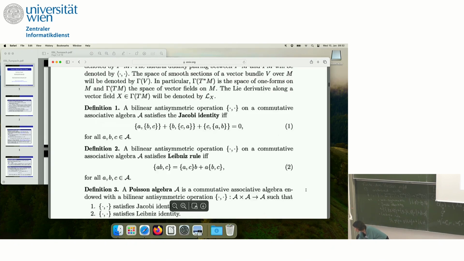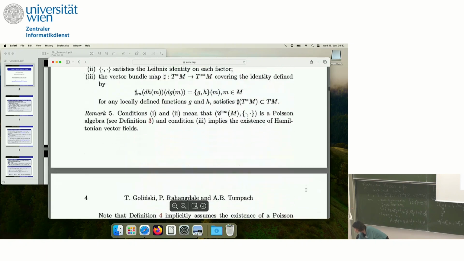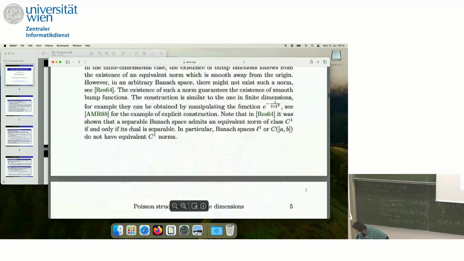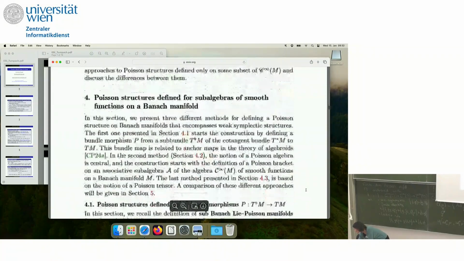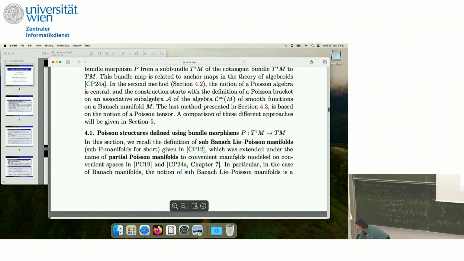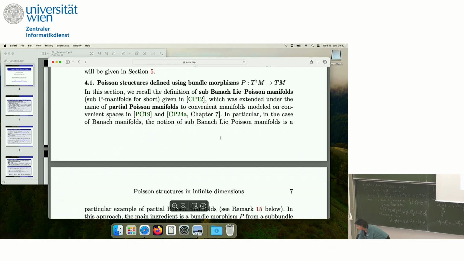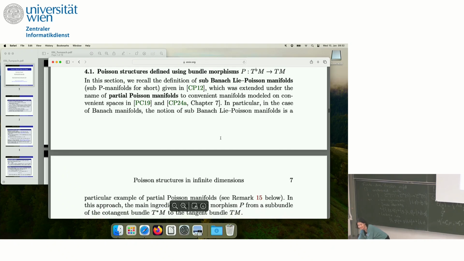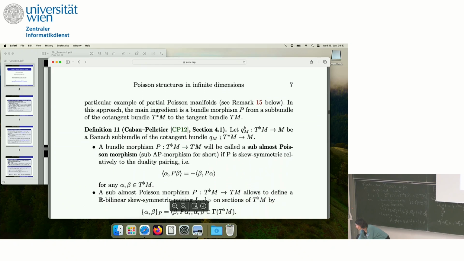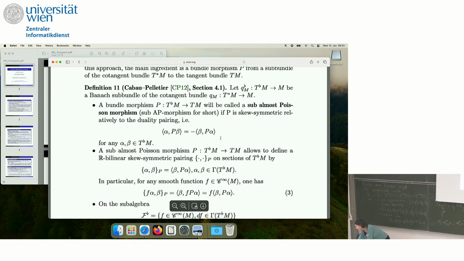These are the usual definitions in infinite dimensions, but perhaps I should stress this approach by Cabau and Pelletier, through the Poisson structure defined using a bundle map E, so this is an anchor map. We were mentioning yesterday that there are many different terminologies. Aneta mentioned that this topic is not yet settled, and indeed. So I can mention perhaps this definition of Cabau-Pelletier through an anchor map.